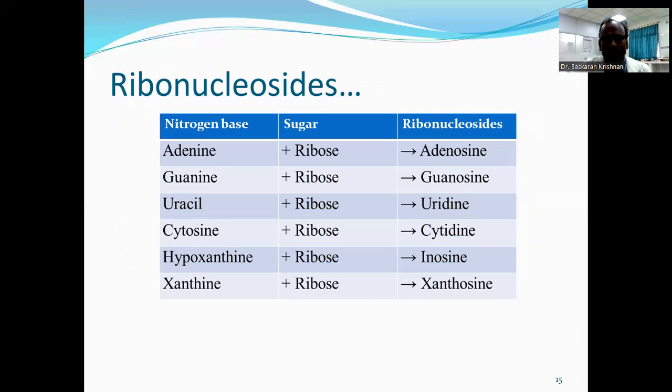While hypoxanthine and xanthine are purine bases. Hypoxanthine with ribose forms inosine. This is a compound formed during the synthesis of purine nucleotides. Xanthine with ribose forms xanthosine. This is formed during metabolism or breakdown of purine nucleotides.